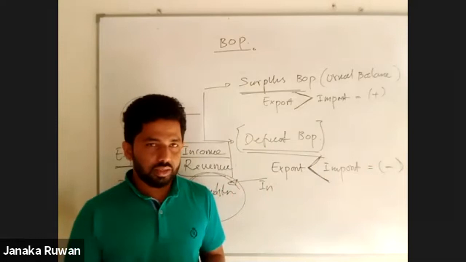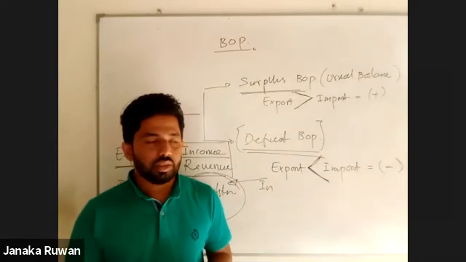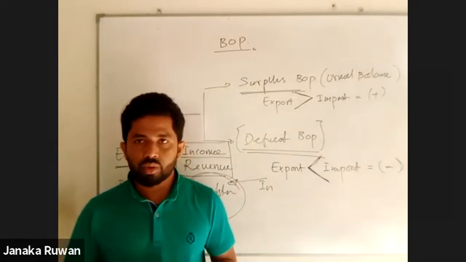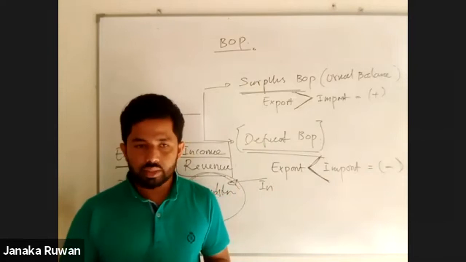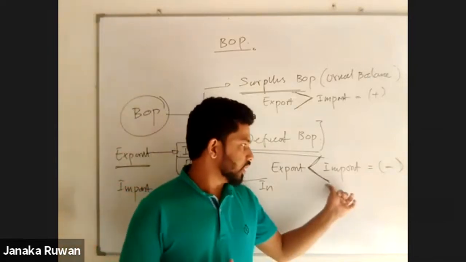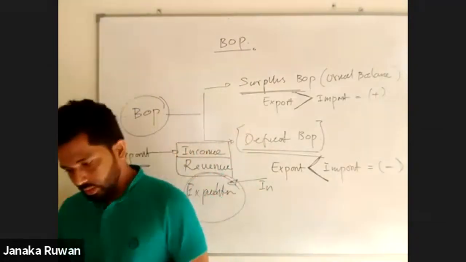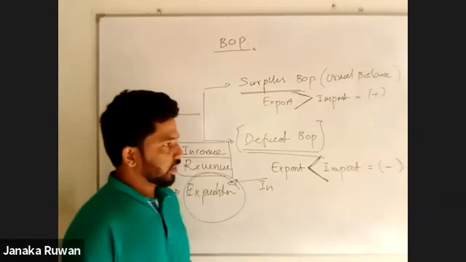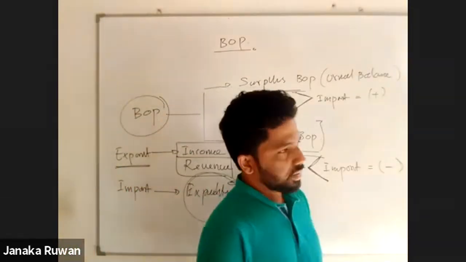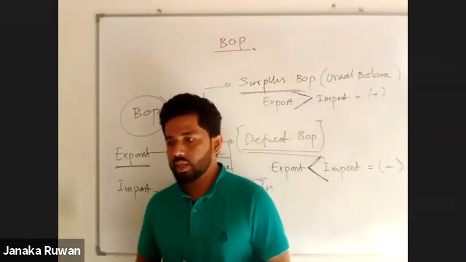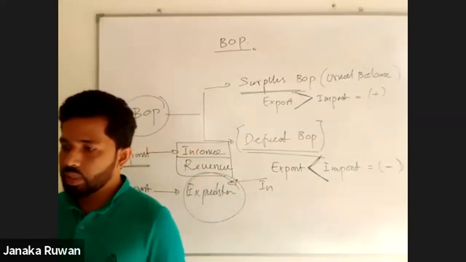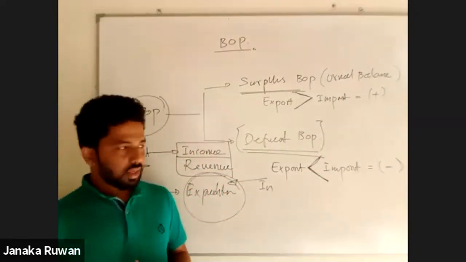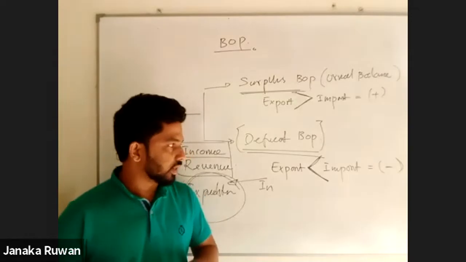That foreign currency helps to create better imports. Imports are very important for developing countries. Already we know that some countries don't have production of necessary commodities and services, so we have to import some commodities and services from other countries.